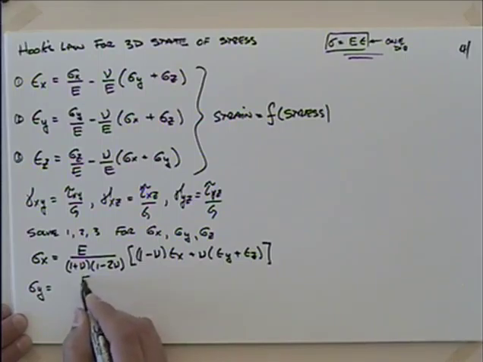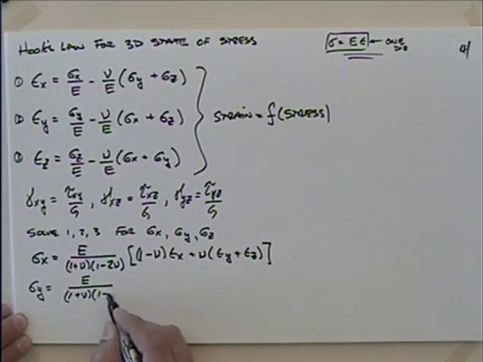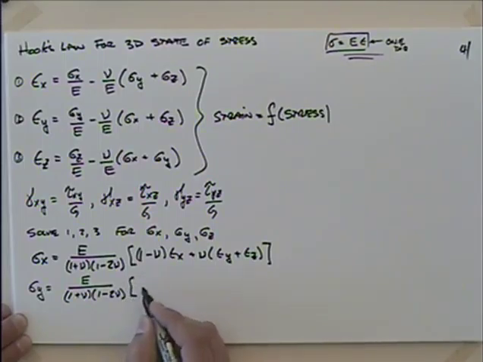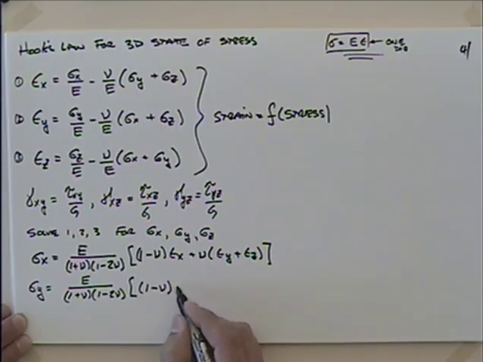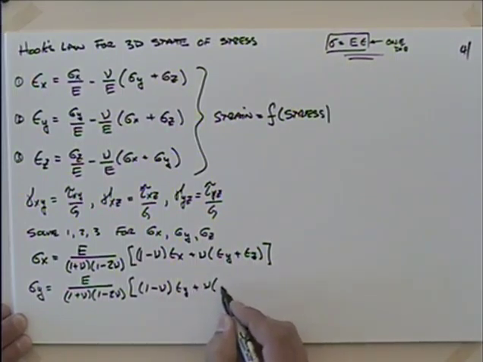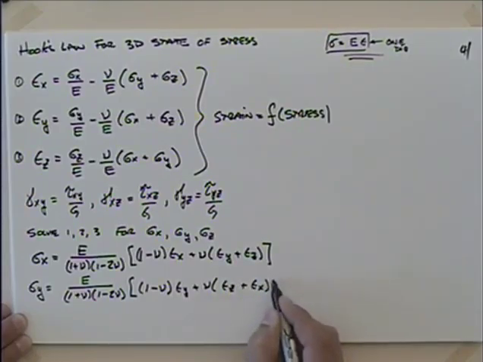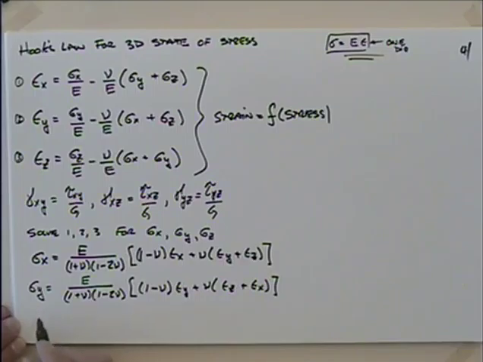We would have Young's modulus divided by, again, 1 plus Poisson's ratio, 1 minus 2 times Poisson's ratio, times the quantity 1 minus Poisson's ratio, times here epsilon y, plus Poisson's ratio times epsilon z plus epsilon x. And the last one you can probably get just by looking at those two.